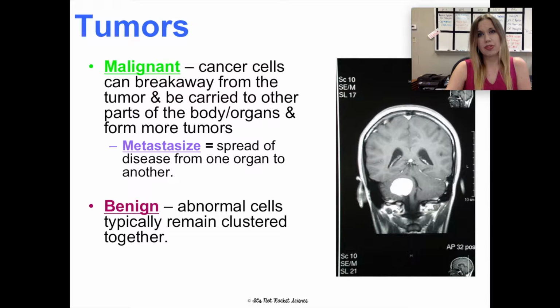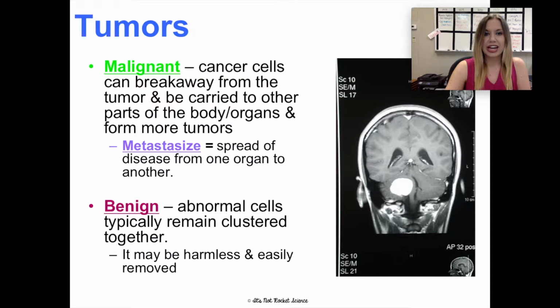The second type of tumor is a little bit less deadly, and they're called benign tumors. These are abnormal cells that typically remain clustered together. However, it may be harmless and easily removed. It just depends where that benign tumor is forming. If it's forming somewhere non-essential, like on your arm or in your fat, somewhere where it's not going to kill you, it can be harmless.